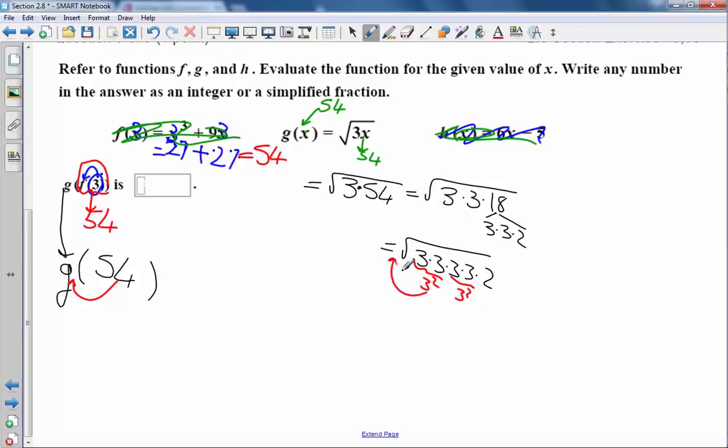So they can get out of this prison by paying a fee. What fee? The square root and square cancel each other. Double 3 comes out, but that poor 2 doesn't have enough fee, still locked inside prison. So the answer is 9 root 2, most simplified version.